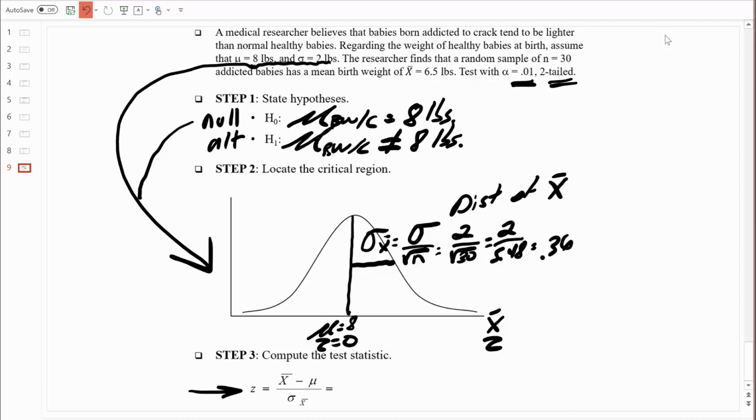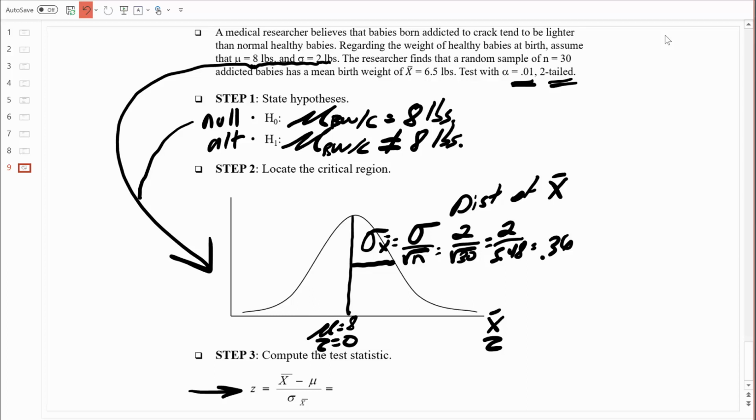That standard error value is relatively small. What we're saying is, on average, the sample means will differ from 8 pounds by only 0.36 pounds. So there's not a lot of variability from one sample mean to the next.